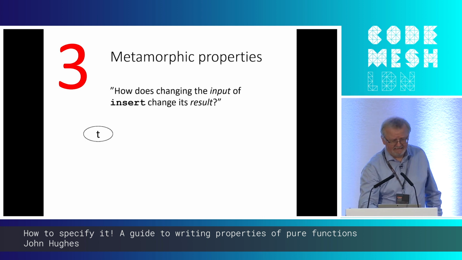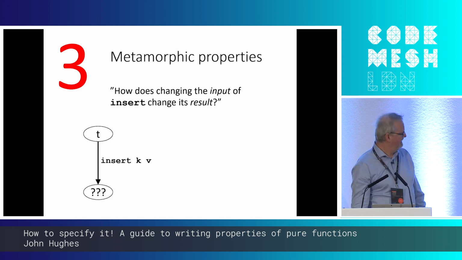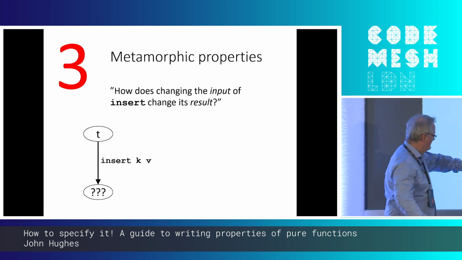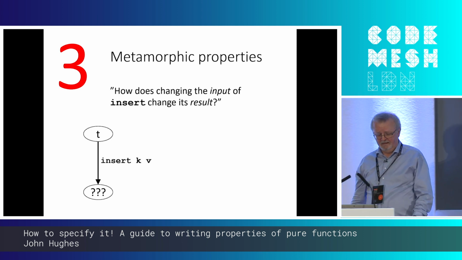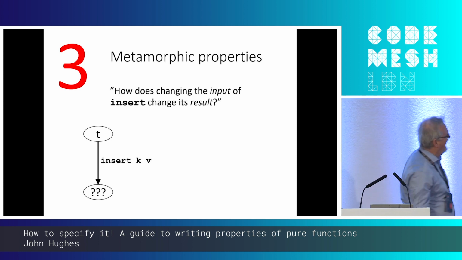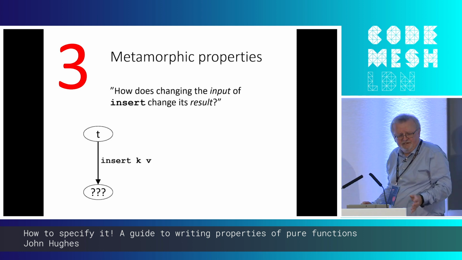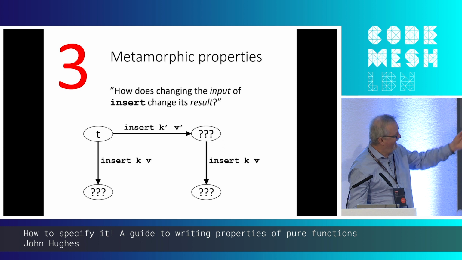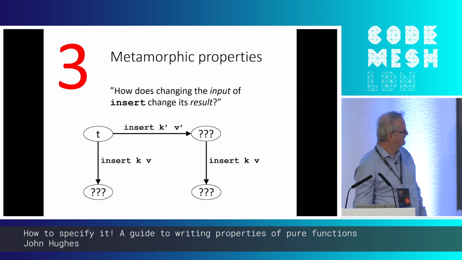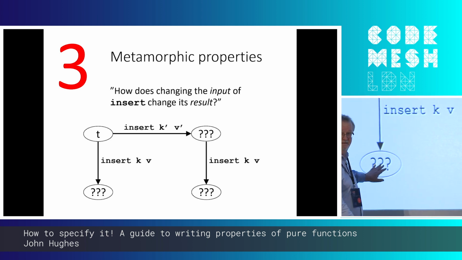Here's an example. If I start off with a tree, and let's suppose I want to test insertion, so that's going to produce some other tree. I certainly don't want to try and predict what tree I should get. But suppose I modify this tree before doing the insertion. What modification might I use? Well, perhaps I might insert a different key and then do the insertion on that. What's the relationship going to be between these two trees?